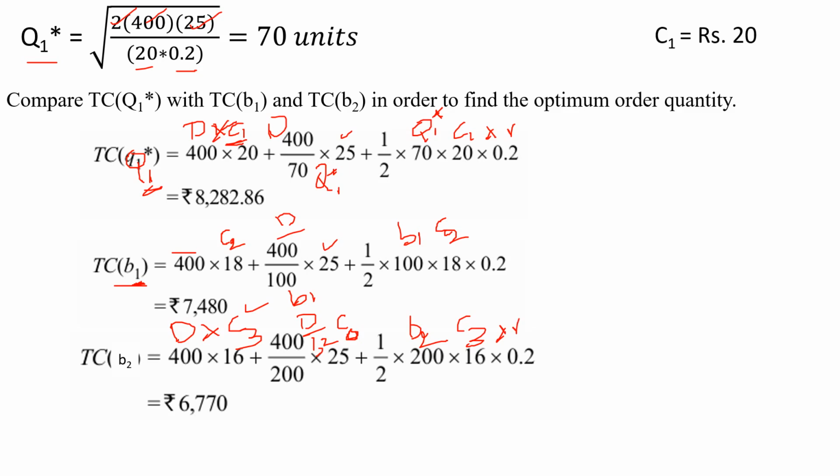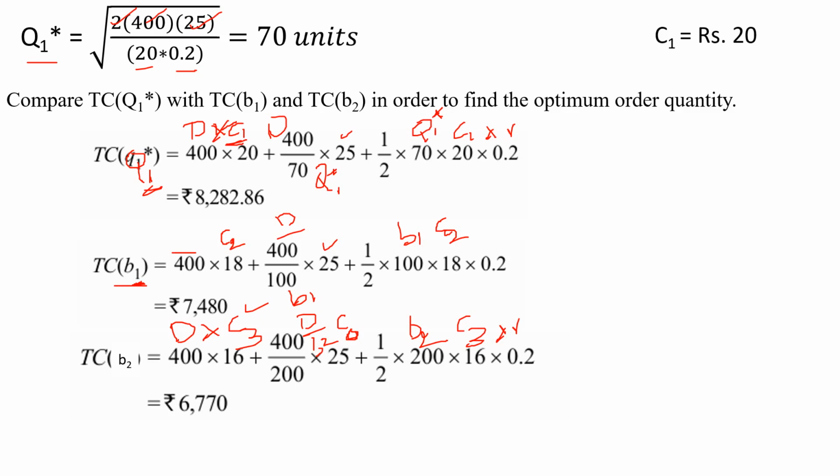So the total inventory cost at B2 is 400 into 16 plus 400 divided by 200 into 25 rupees plus half into 200 into 16 into 0.2. Here we will get the total inventory cost at the B2 quantity as 6,770 rupees.